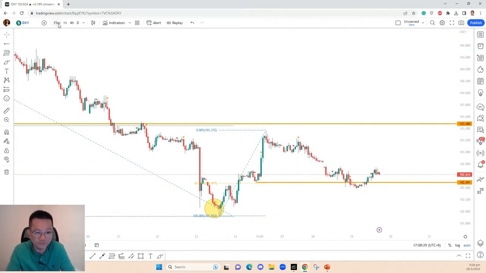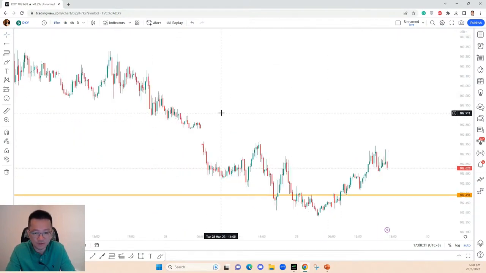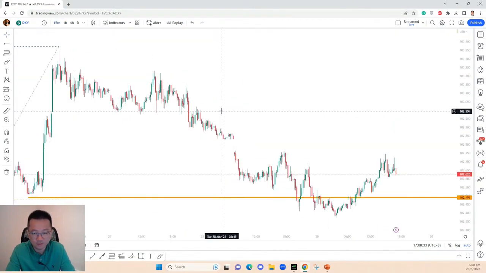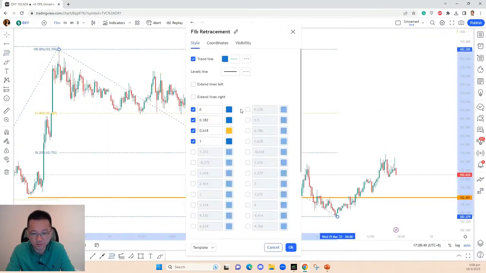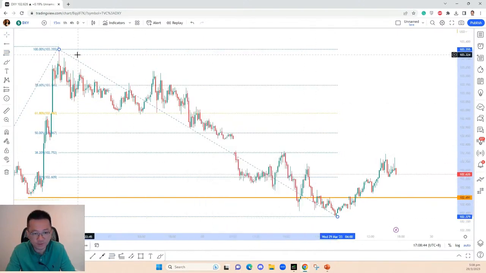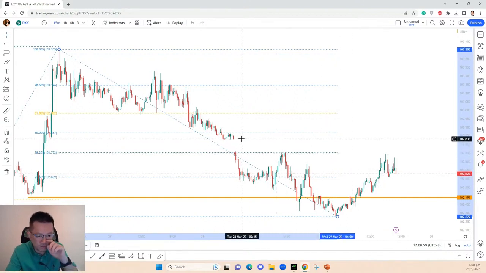If we went on to the M15 now, just to elaborate the point, if we did this move down, you see that it's gone up, tested 38.2, and is turning back down. This is on M15, but it broke through 23.6 quite easily, so it's going to get noisy.